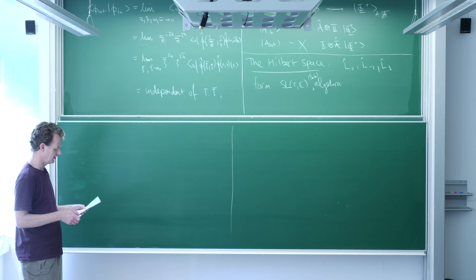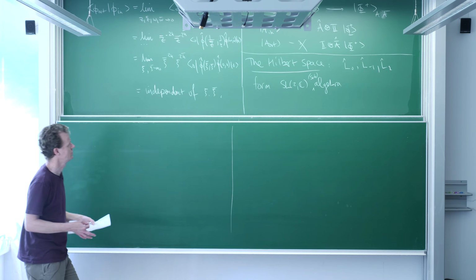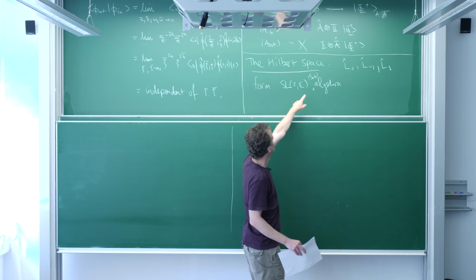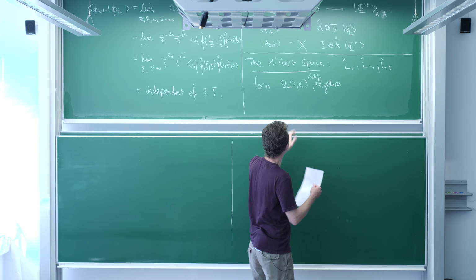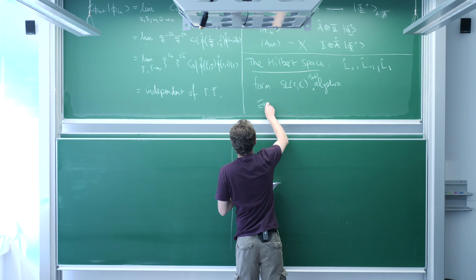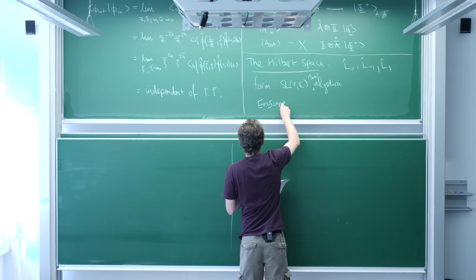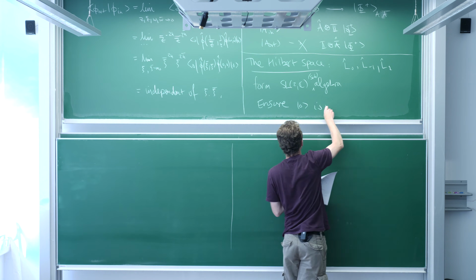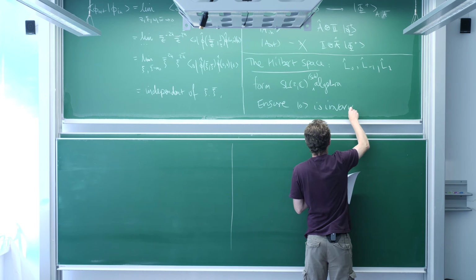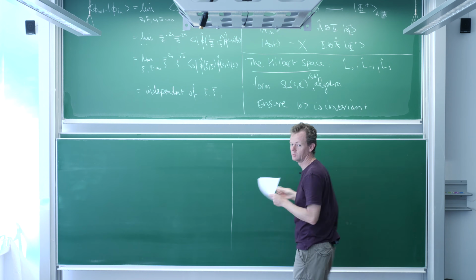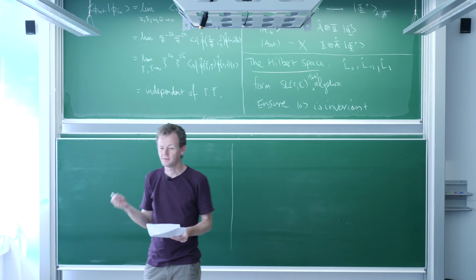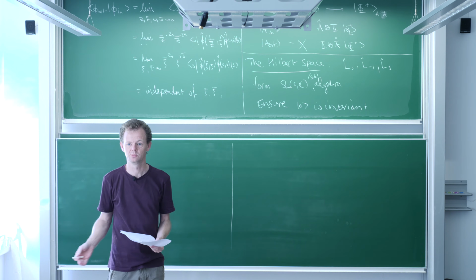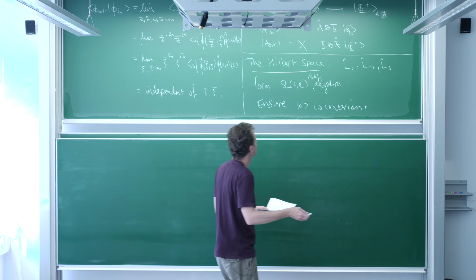Now, we can ensure that the vacuum is invariant. I mean, the very least that a conformal field theory should have is that its vacuum state is invariant under conformal transformations. This is the global one, sorry.